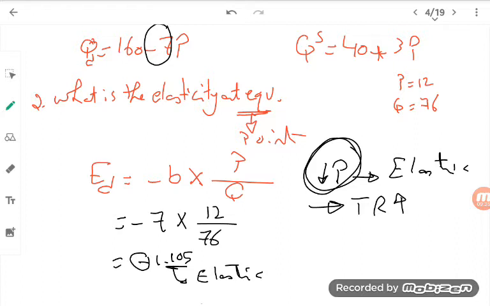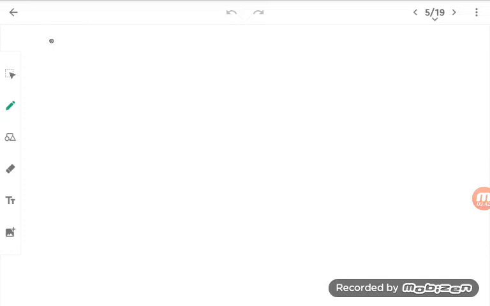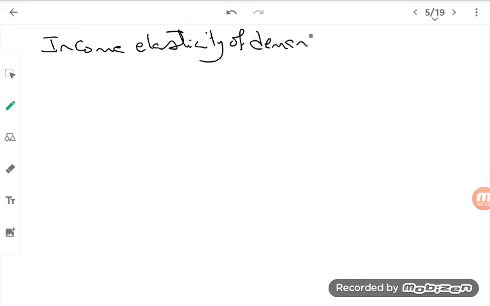Okay, now we are going to start another type of elasticity, which is income elasticity of demand. EI stands for income elasticity of demand.